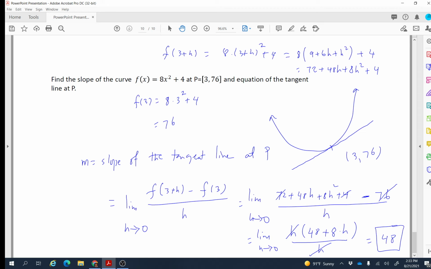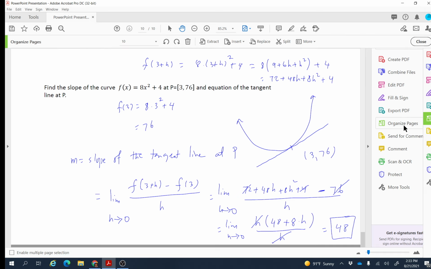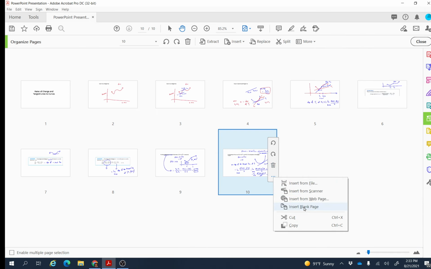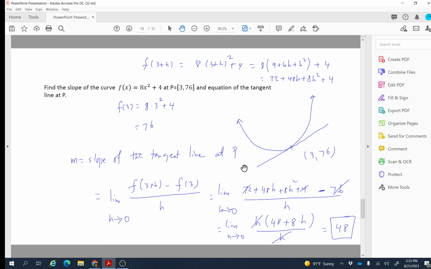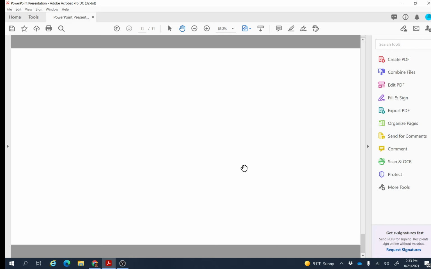Okay, so that's the slope. We're not done here, we also have to find the equation of the tangent line. So let me just insert one page here. If there is a line, and if you know the slope of that line and at least one point on that line, then there is a formula for finding the equation, which is y minus y1 is equal to m times x minus x1.